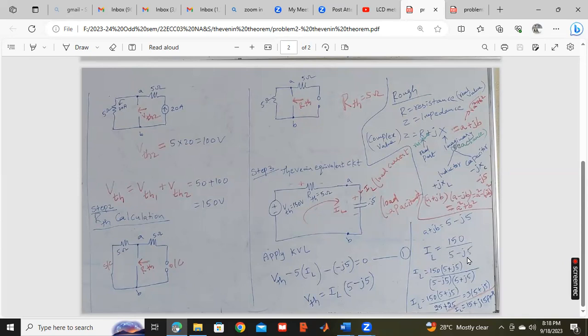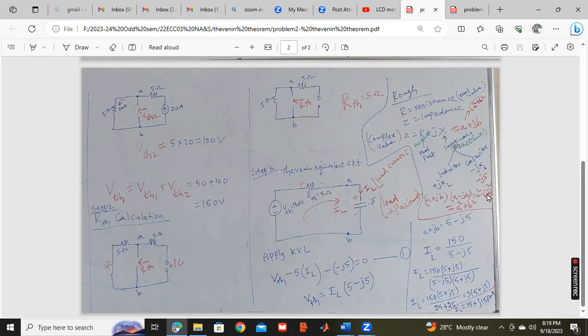And here for rationalization, what we can do is multiply numerator and denominator with 5 plus J5. V Thevenin value is 150, divided by 5 minus J5. Rationalization, we are multiplying numerator and denominator with 5 plus J5. So the denominator becomes A plus JB times A minus JB, which becomes A square minus JB whole square.